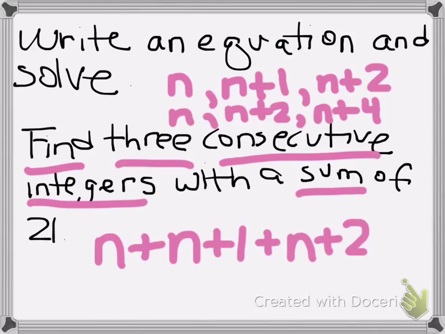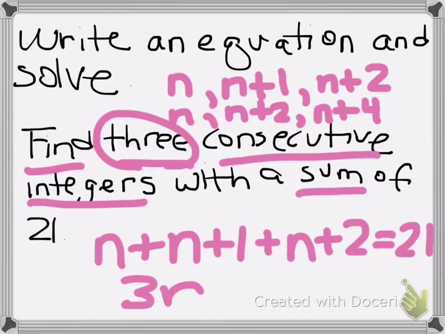And I know to stop there because it says 3 consecutive integers. And my sum is supposed to equal 21, so I put it equal to 21. Then I'm going to combine like terms, so all the n's. We have 1n, 2n, and 3n. And then we have a 1 and a 2, so that's going to be plus 3 if I combine.